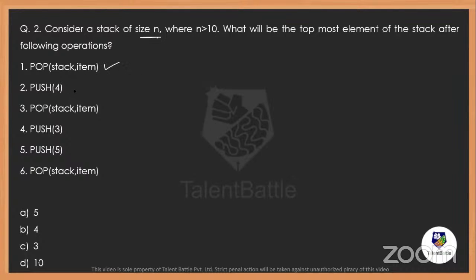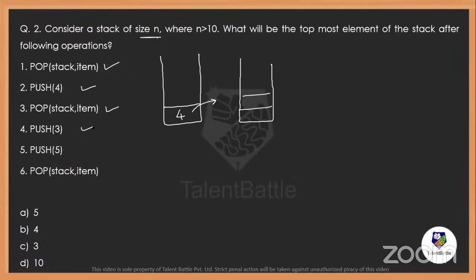After that, I am performing push. So in my stack, which is empty, 4 is the element which will get inserted. After that, again, you are performing pop functionality. So now we already have the element in the stack, so that will be removed. So 4 will be out of the stack, and again my stack will become empty.